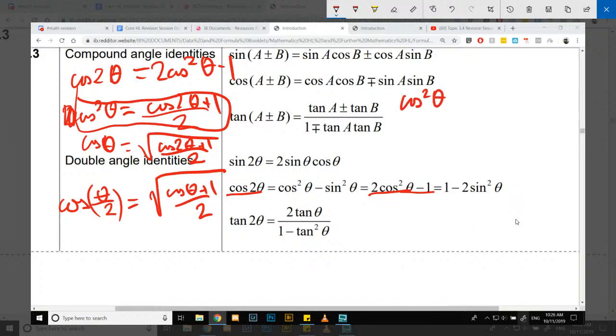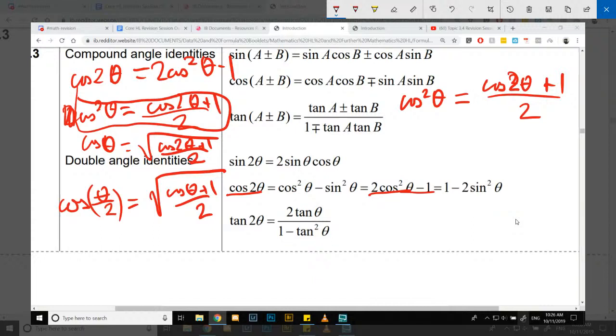When you have cosine squared theta, it's not always easy to calculate the integral, but it's easy to calculate the integral of cosine 2 theta plus 1 over 2. This is not hard to integrate because you can separate it into two values, and it's just a cosine plus a half. So this is useful for calculus later on, which I'll explain in a later session, I hope.